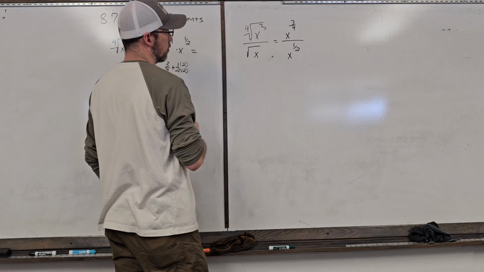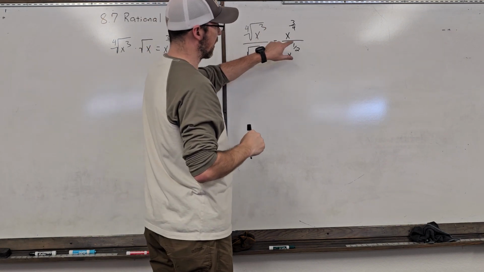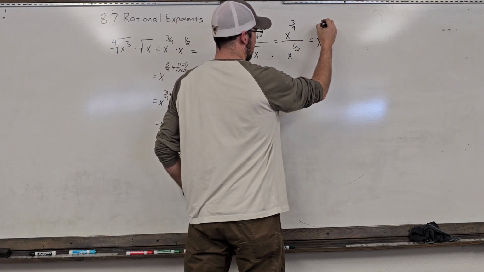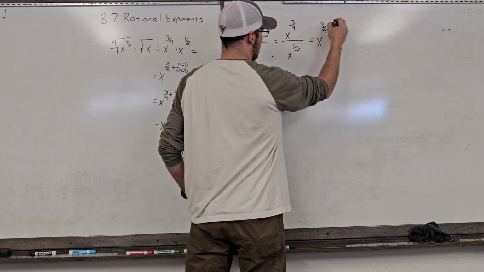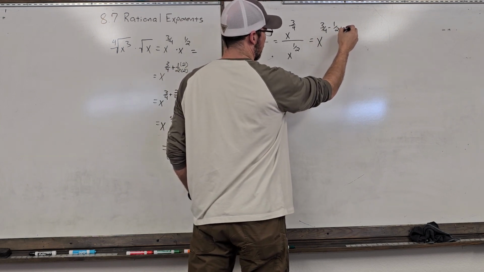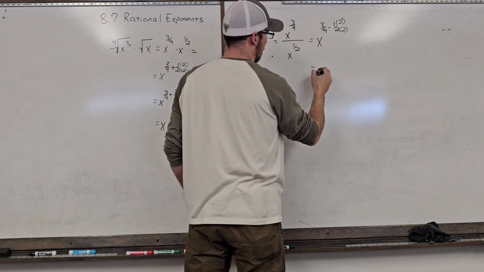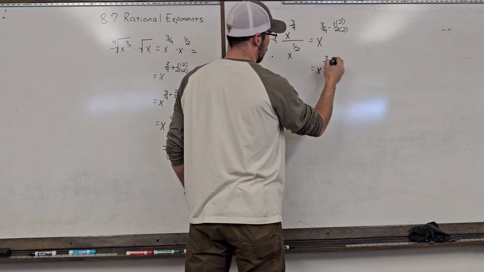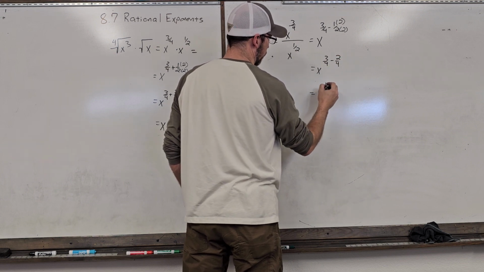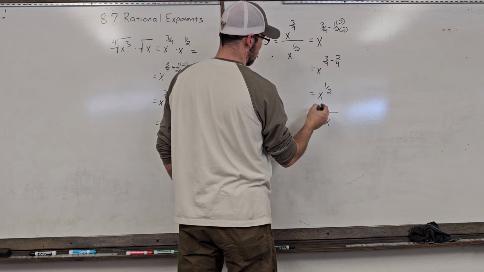Anytime I have a base that's the same being divided, I subtract the exponents. So that's going to be x to the 3/4 minus 1/2. Have to do the exact same thing, get a common denominator. So I get x to the 3/4 minus 2/4, which is x to the 1/2, which is the square root of x.